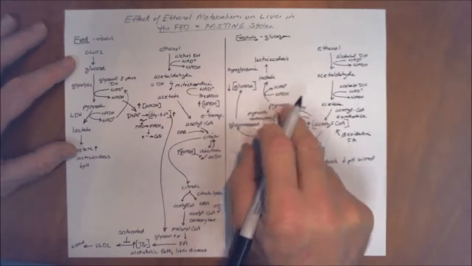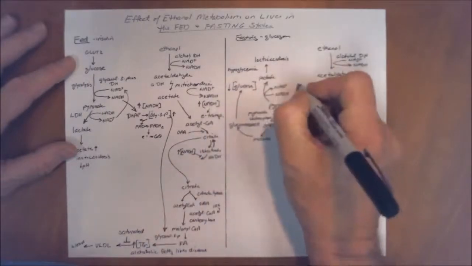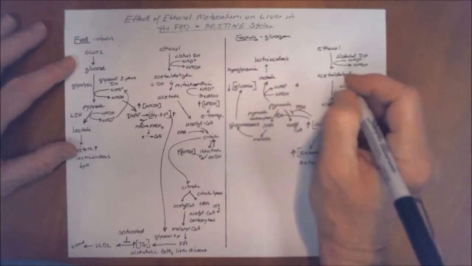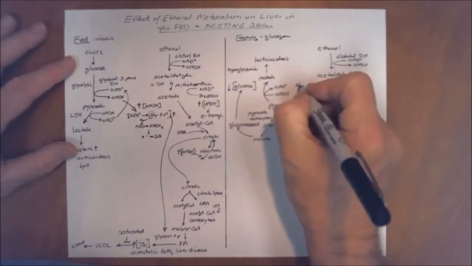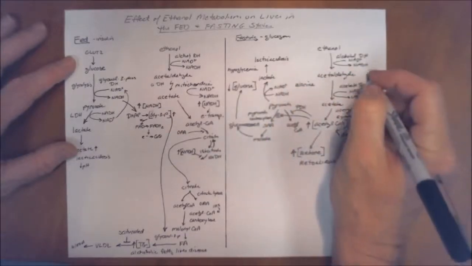And the question is where does the pyruvate come from? Well, recall we're in a fasting state, and if we're considering alcoholism, where the diet is already poor, we are capitalizing on our amino acids for energy.